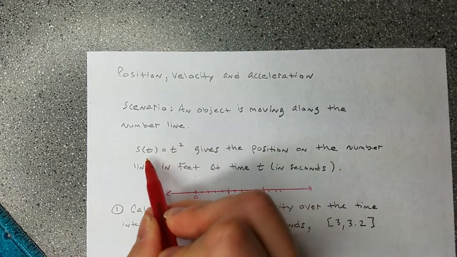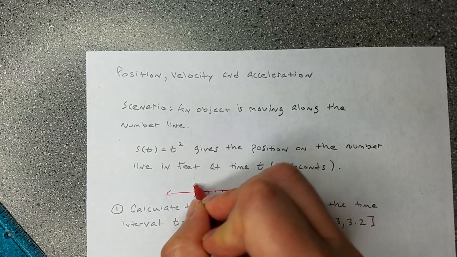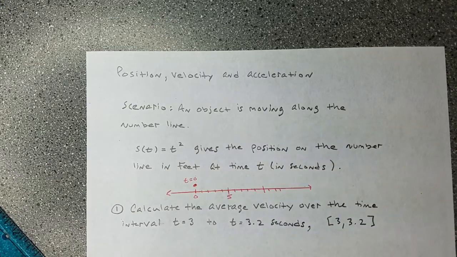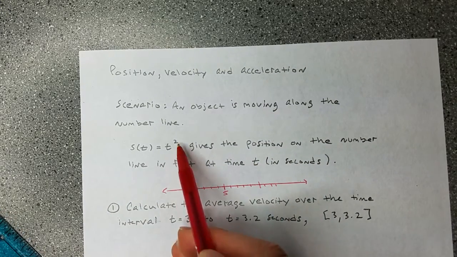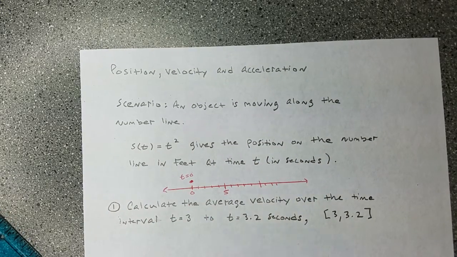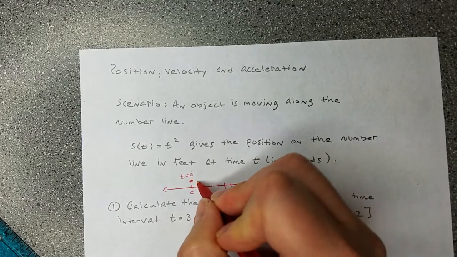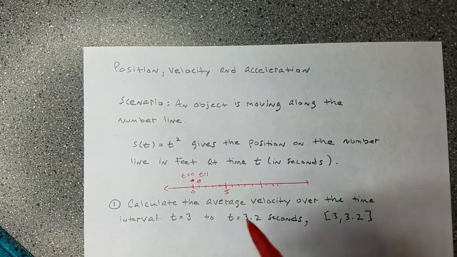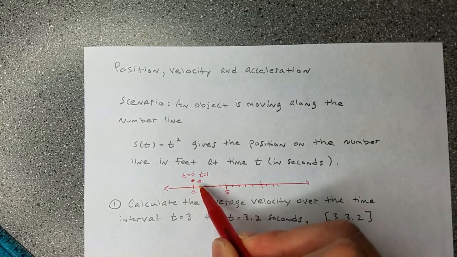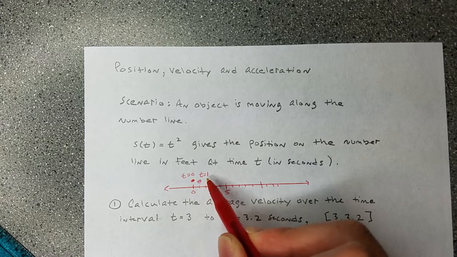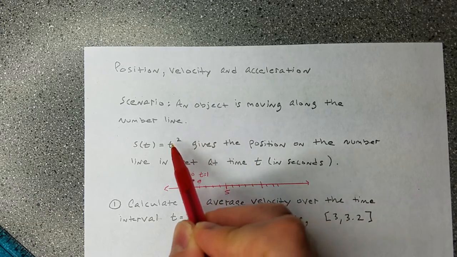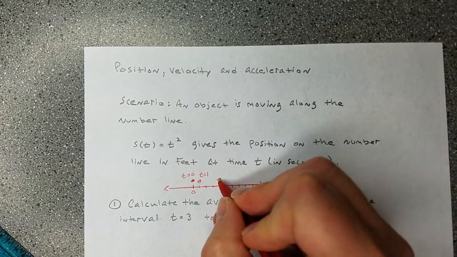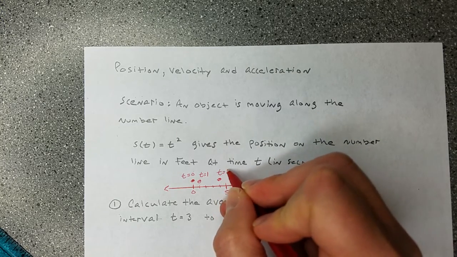Well, if you were moving according to this, you would be here when t is 0. Because if I put 0 for time, 0 squared is 0 for position. And you would be here when t is 1, all right? Why would you be at the 1 foot mark at t equal to 1 second? Well, because when you put t equal to 1 in here and you square it, you get 1. And you would be here when t is equal to 2.